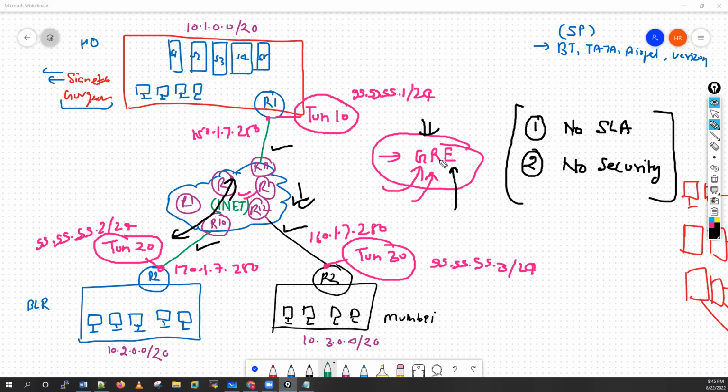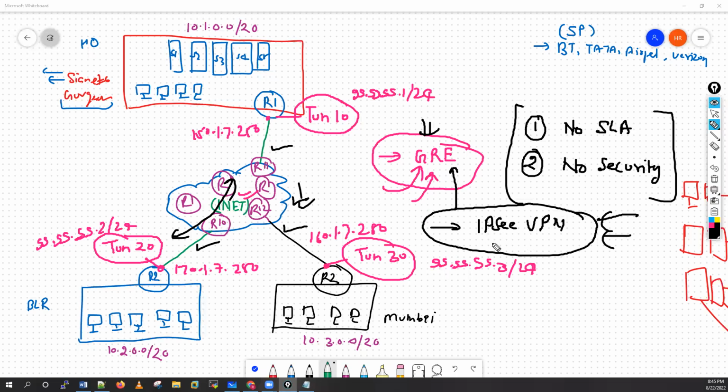Nothing is there. So after that, people started thinking about another solution, which is IPsec VPN. And guys, when this IPsec VPN solution was developed, it became a very interesting solution, and every organization started using IPsec VPN.